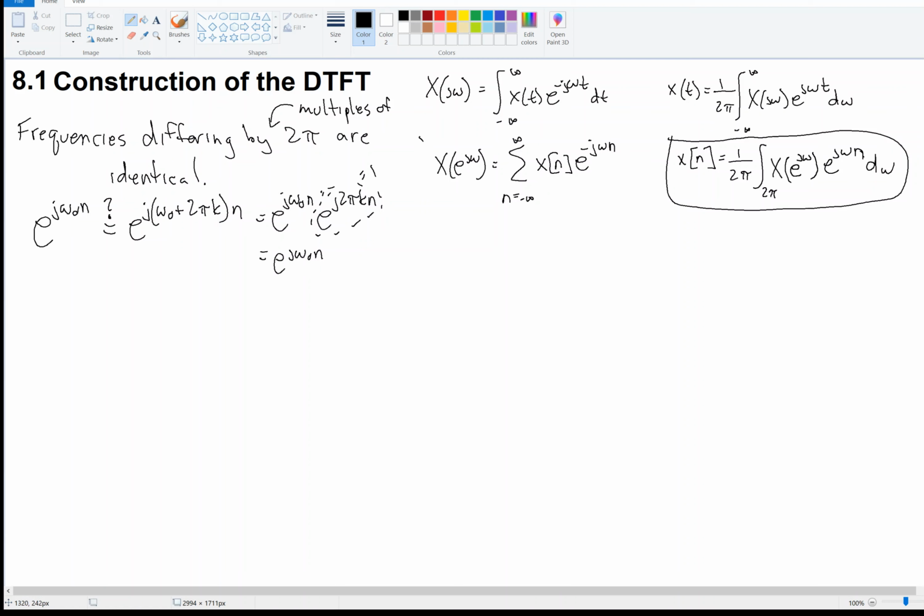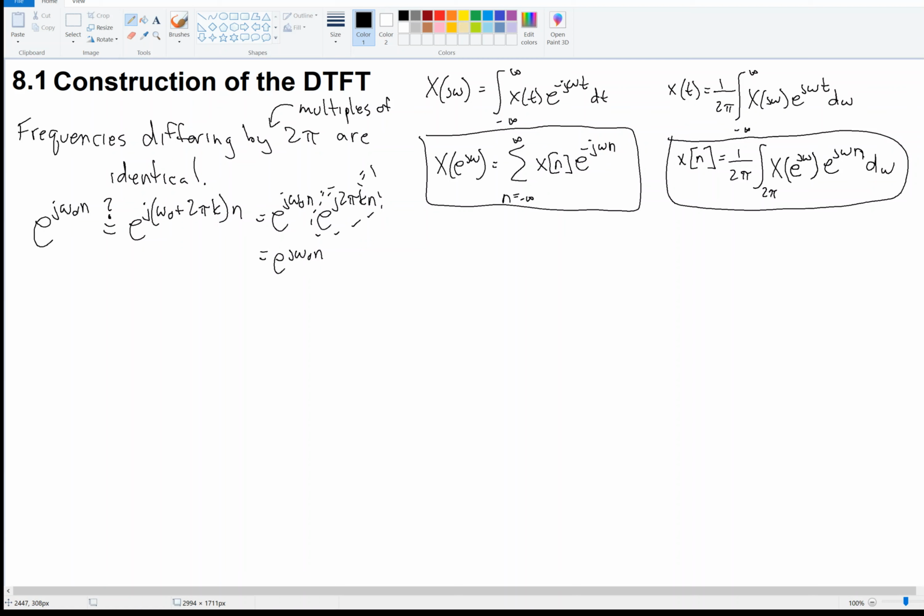So this is straightforward, I would say, given the continuous analog, right? And so this is the Fourier transform equation, or more specifically the discrete time Fourier transform, or you could call this the analysis equation. And then this is the synthesis equation, or you could call that the inverse Fourier transform.